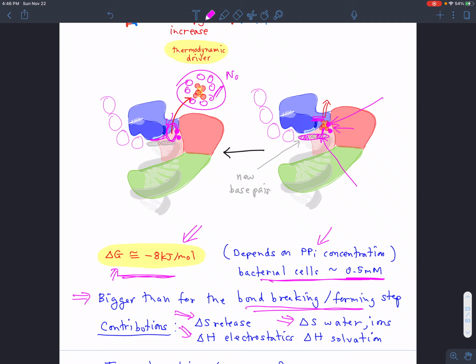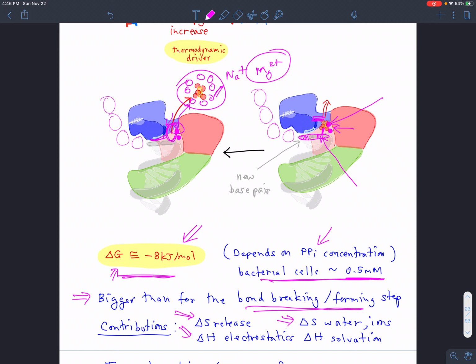There's going to be some sodium out here maybe, or maybe some magnesium for that matter. And this can even come off with the magnesium. It can take a magnesium with it, right, if it wants to. That means breaking the bonds of the magnesium to the polymerase, but okay, it can happen.